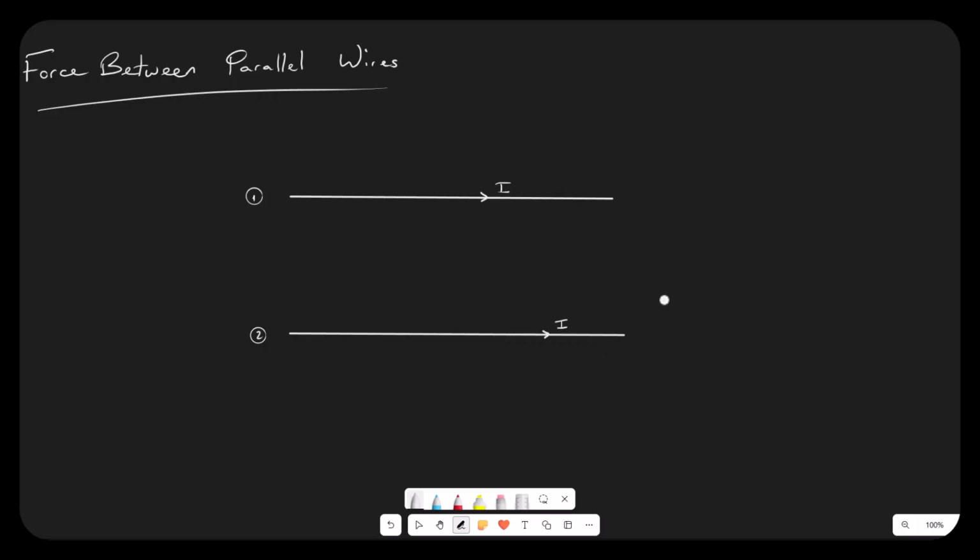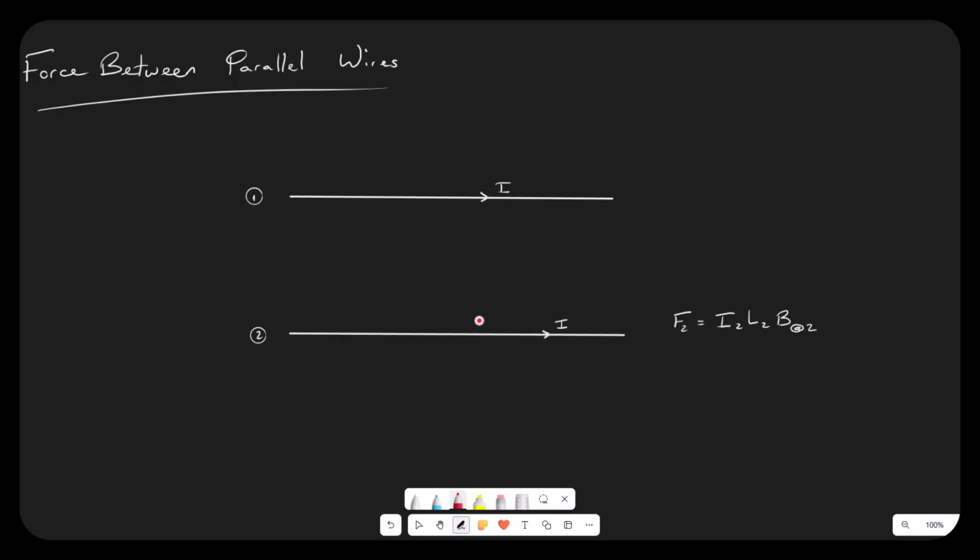Sure, we know that wire 2 will experience a force, I2 times length 2 times the B experienced by 2, so I'm going to say B at location 2. Wire 2 also produces a magnetic field around itself, but it doesn't produce a magnetic field on itself, right?